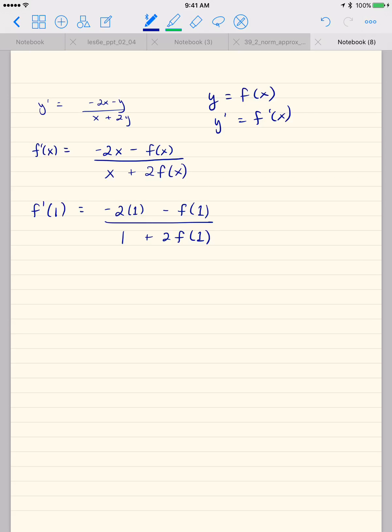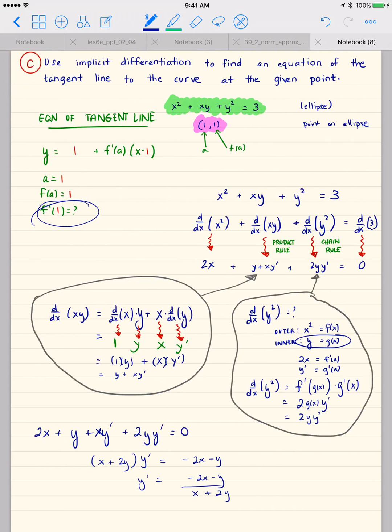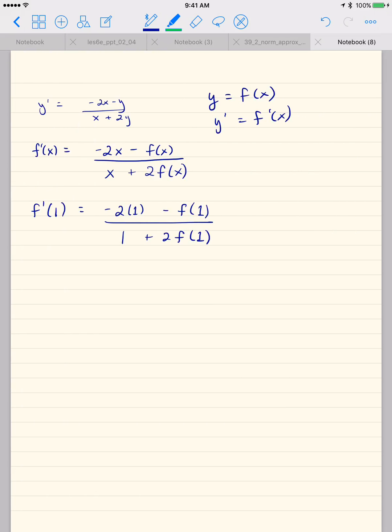Okay? Now, what is f of 1? F of 1 is equal to 1, right? Because a is equal to 1. So does everybody see that? This is where we're looking here. So f of 1 is equal to 1. So this is equal to negative 2 minus 1 divided by 1 plus 2 times 1. So that'll be negative 3 over 3, negative 1.